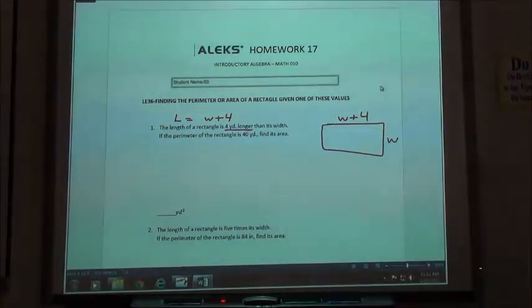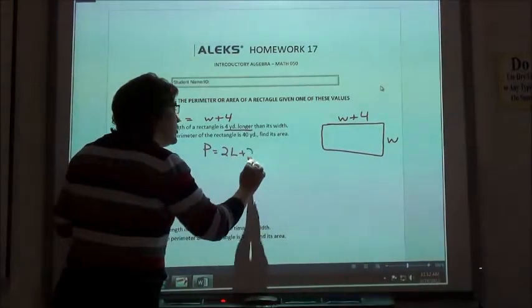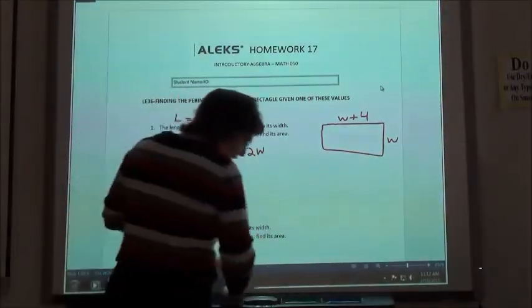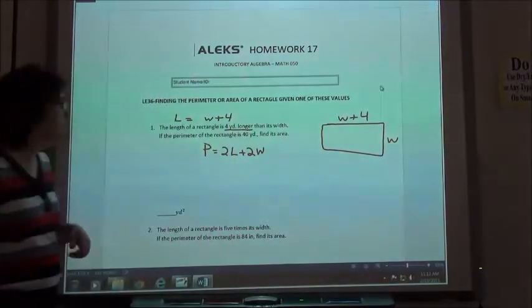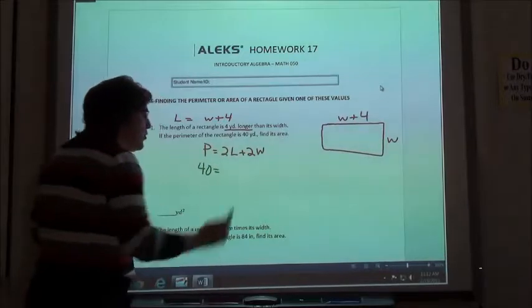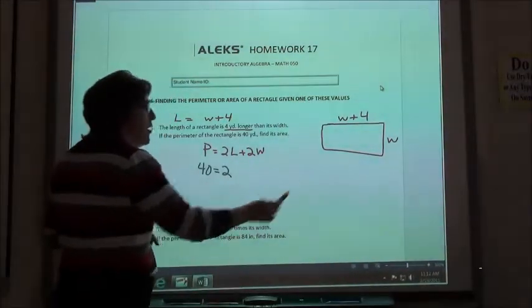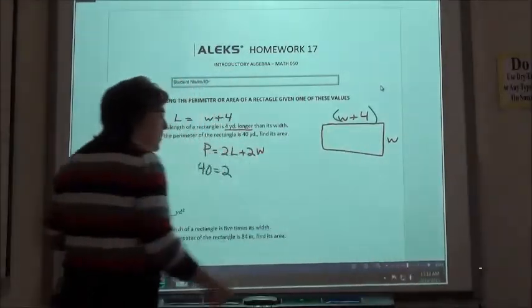The perimeter of my rectangle is 40 yards. So again, we think about the formula for perimeter. Perimeter is 2 lengths plus 2 widths. We're then going to substitute in what we know. The perimeter is 40. So 40 is equal to 2 times the length. But in for the length, we replace it with W plus 4.